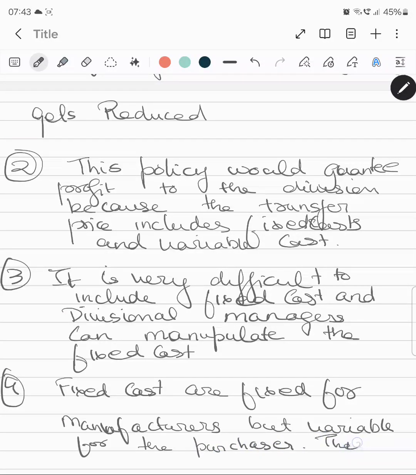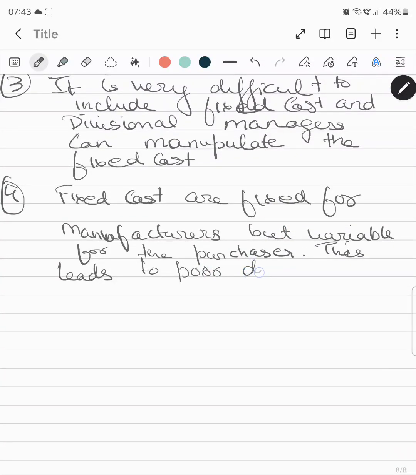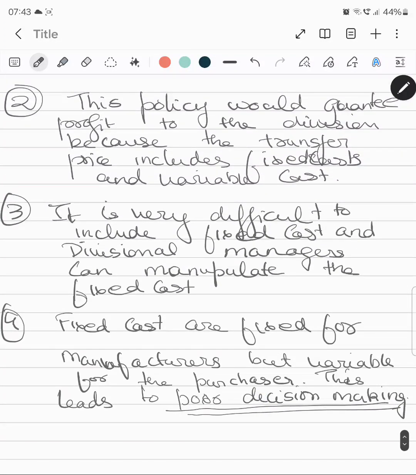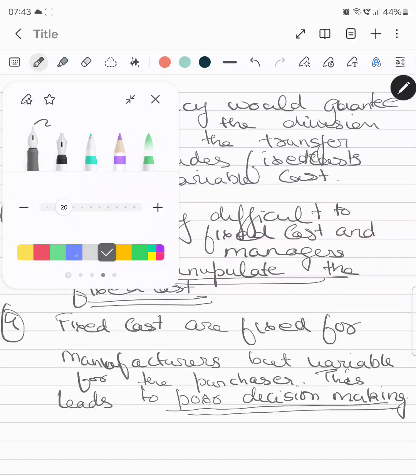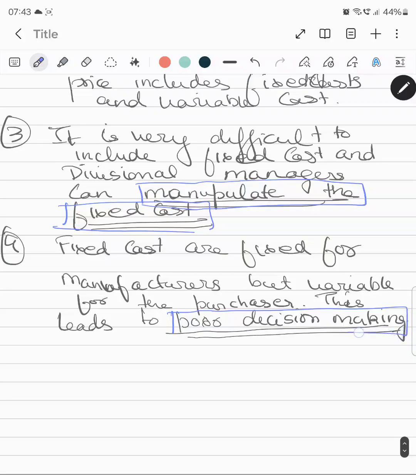This leads to poor decision making. So, poor decision making, manipulation of fixed cost.